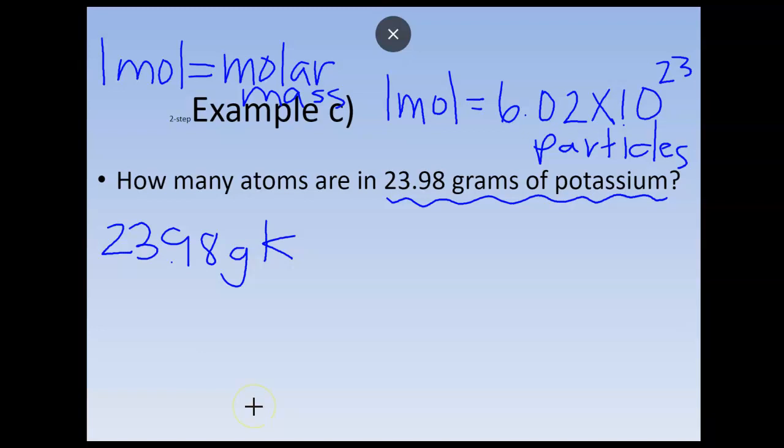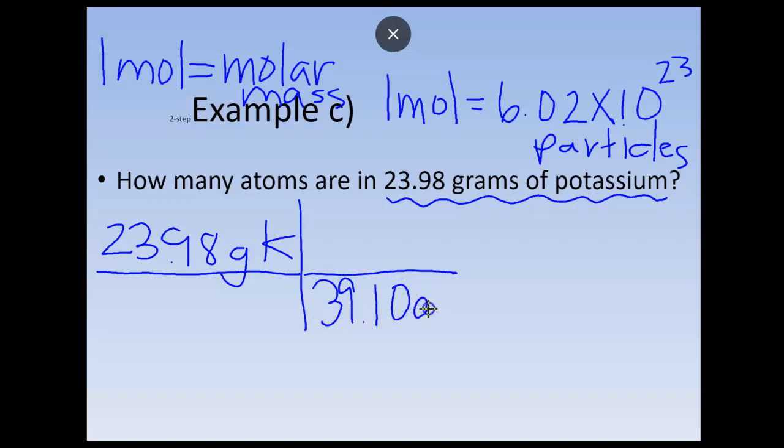Okay, so I have looked it up on my periodic table, and the molar mass of potassium is found to be 39.10 grams per mole of potassium. So I'm going to set this up as 39.10 grams of potassium on the bottom and 1 mole of potassium on the top.